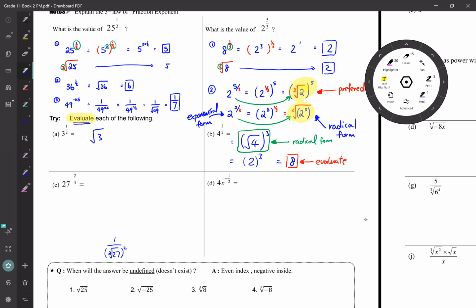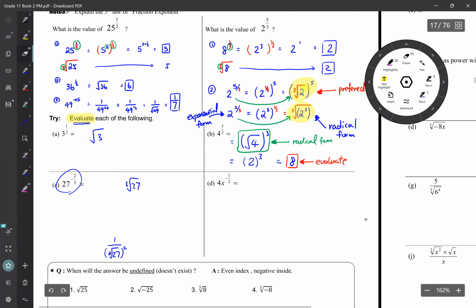I cube rooted 27, and then I squared the answer, and then I put 1 over that because it's negative.